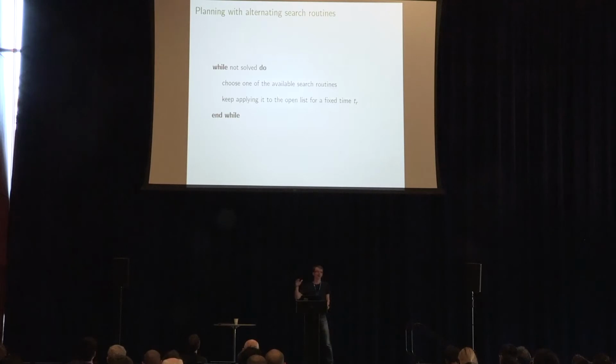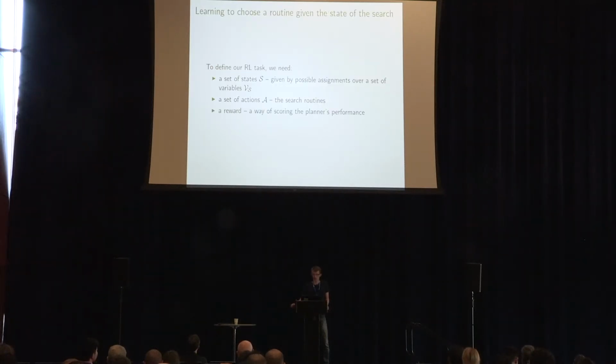So at a very high level, an overview of our planning approach is: while the problem is not solved, we choose one of the search routines that we've got available, and then we keep applying it for a fixed period of time, then choose again, potentially a different subroutine. And to make it a reinforcement learning task, we need to define a couple of entities.